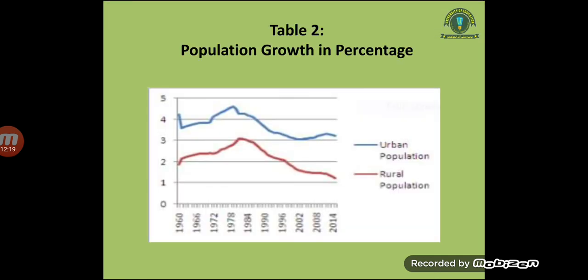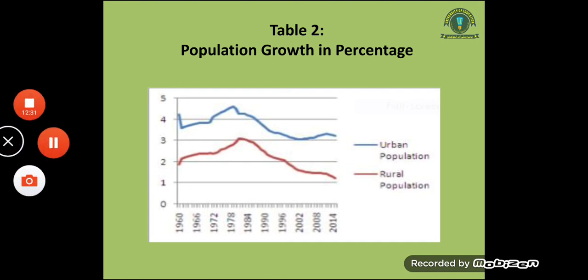So now you can see the second table. Second table shows the population growth in percentage. This table shows the population growth in percentage. The blue line shows the urban population and the red line shows the rural population.